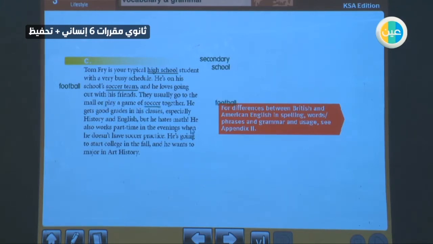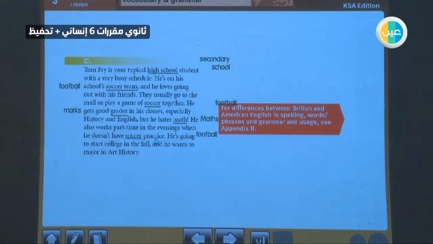Soccer, football. He gets good grades in his classes, grade, marks, especially history and English, but he hates math. Yes, math. Also, he works part-time in the evening when he does not have soccer practice.